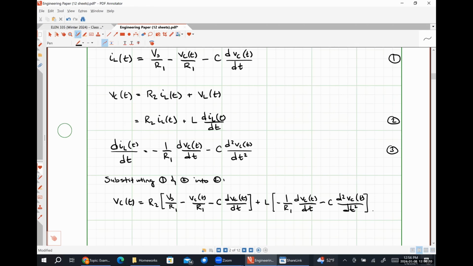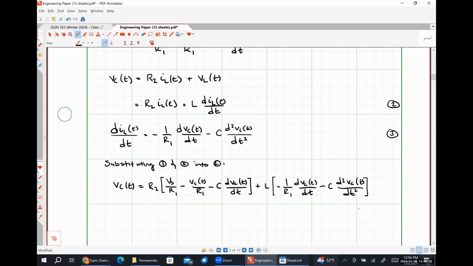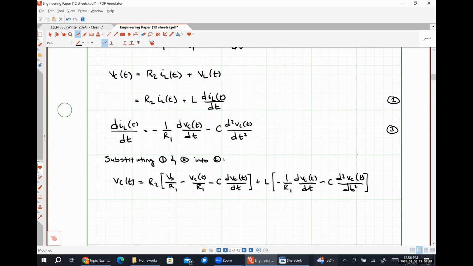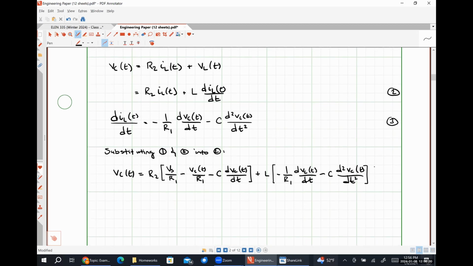And from here on out, it's literally just algebra to get it into the form we want, okay? So I'm going to move all of the capacitor terms from the right-hand side of the equal sign to the left-hand side of the equal sign so that they're all going to have a positive coefficient. So let's look at our second derivative term first, right?